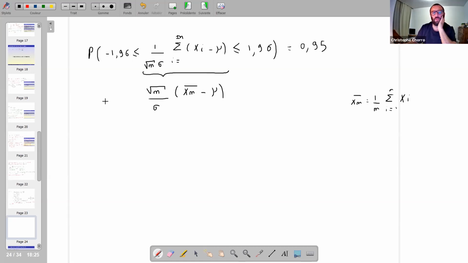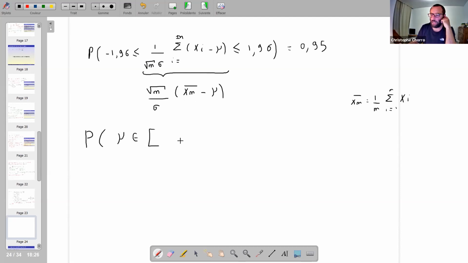And so using this, I find a confidence interval for mu. That is the probability that mu, that is my quantity of interest, belongs to, so to what? Okay, so what I have to do, I have to multiply by sigma, and I have to divide by square root of n, and then I have to subtract X̄n.